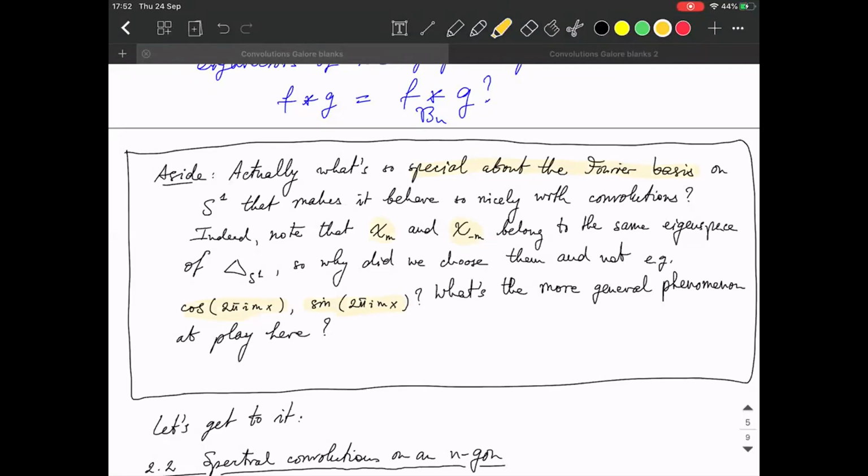To explain this more general phenomenon is not something that I can do in this tutorial, but it has to do with representations of compact Lie groups. So if you're interested, you can Google some of these terms, such as compact Lie groups.